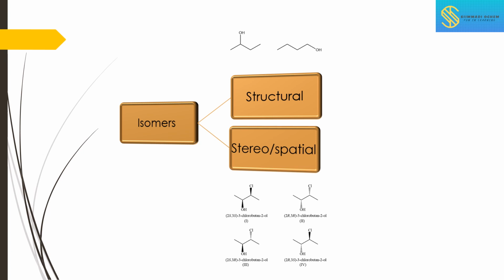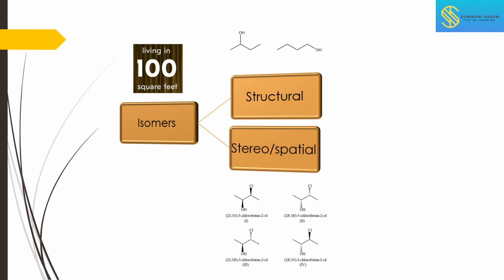The structural isomers are structurally or positionally different, while the stereoisomers are located in the same place but differ in how they are oriented in space. I will go into the stereoisomers in a very detailed way in my next video, but today we are going to learn about the structural isomers in detail.